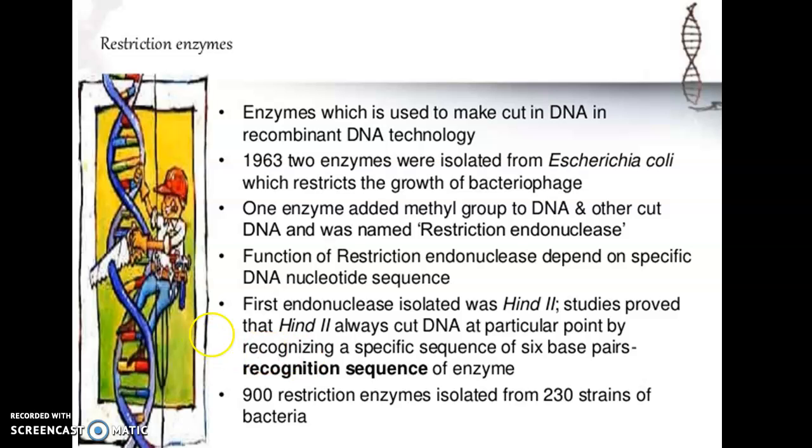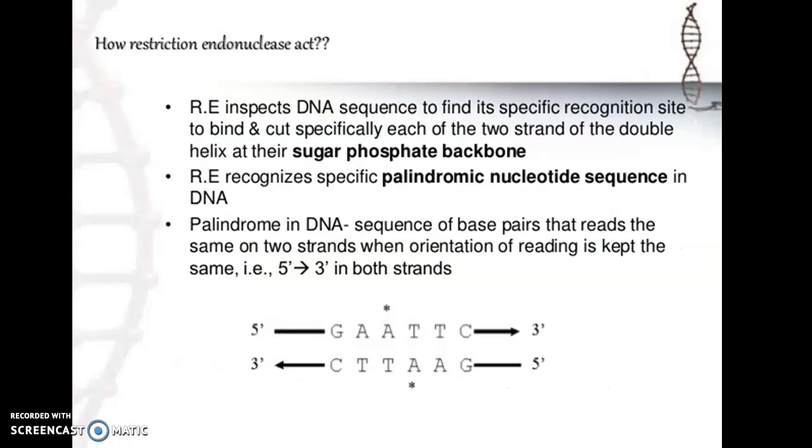These recognition sites are generally 4 to 8 nucleotide base pairs long, and they have a unique internal symmetry. Hence, these recognition sequences are also called palindrome sequences.